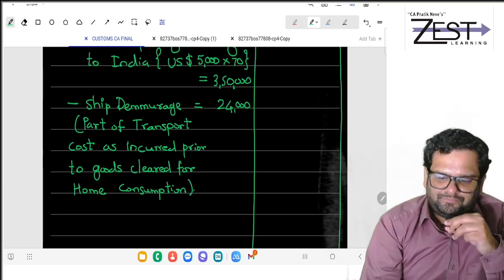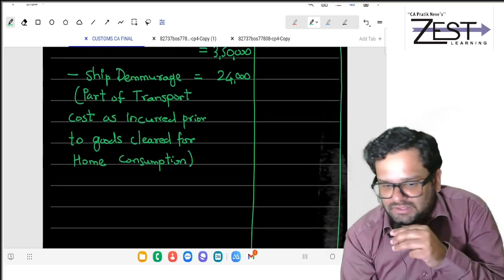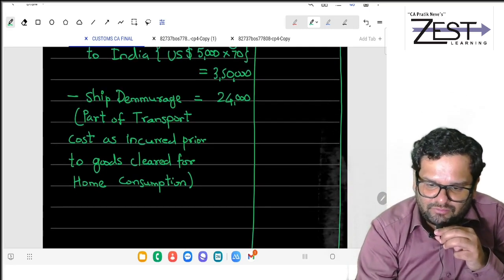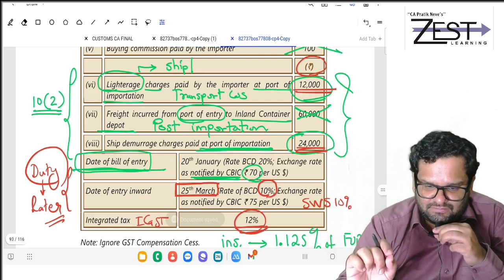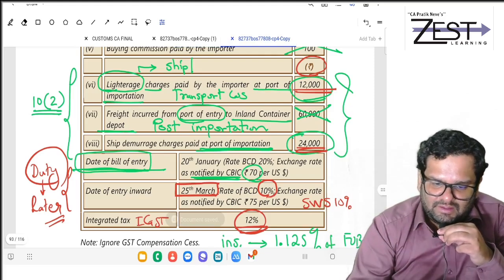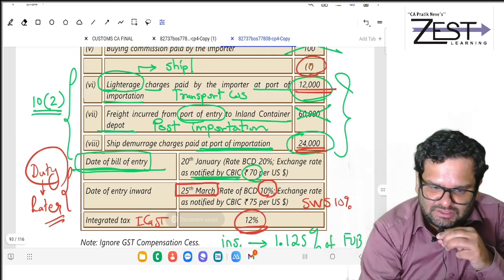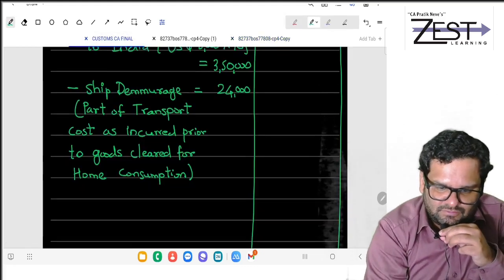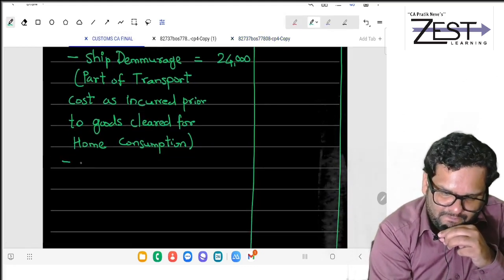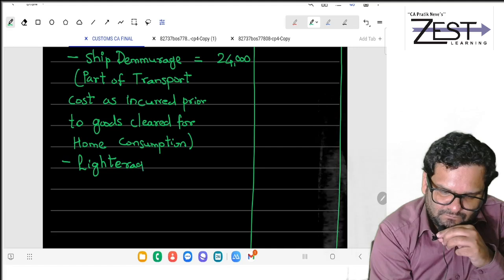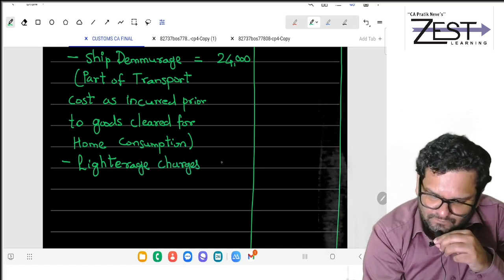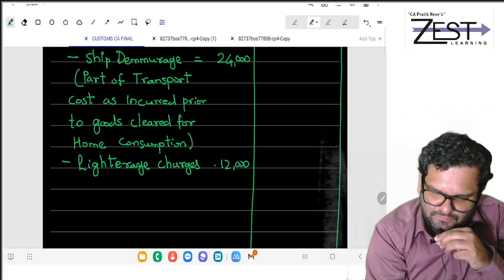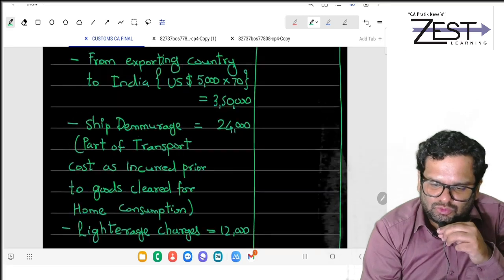Okay. So now after ship demurrage, what do you have? You have got one more thing, lightweight charges. Lightweight charges are 12,000. Can you take the total?